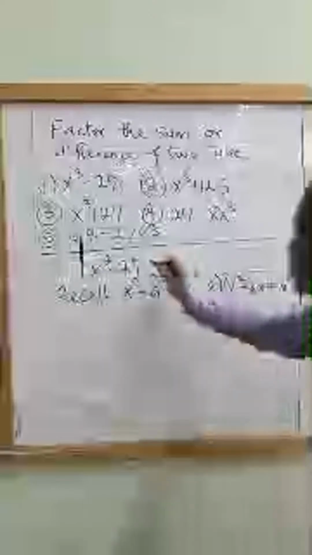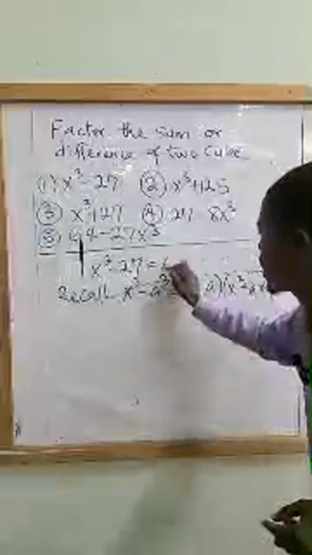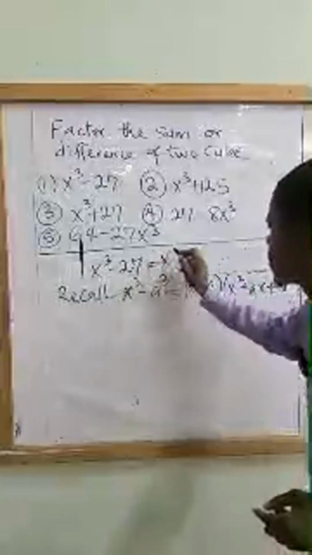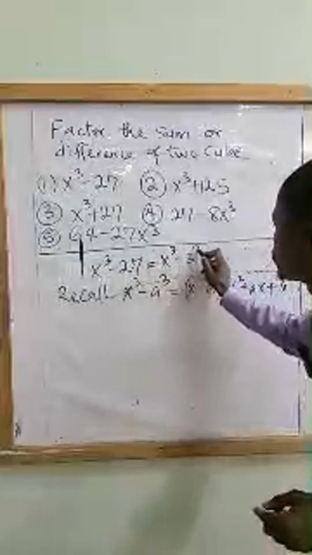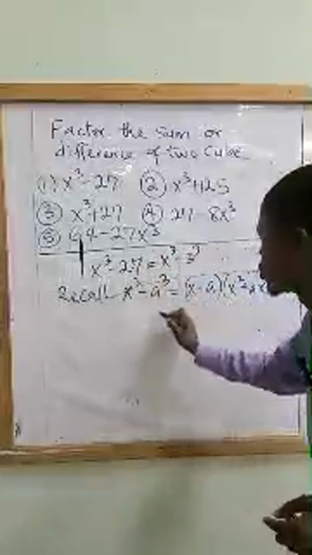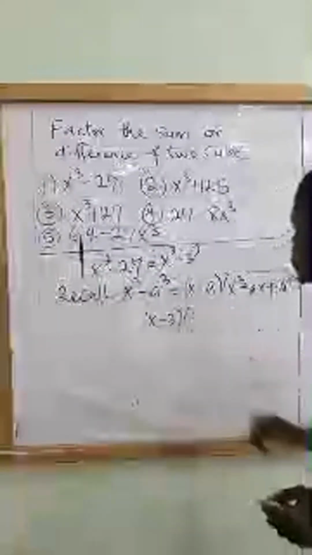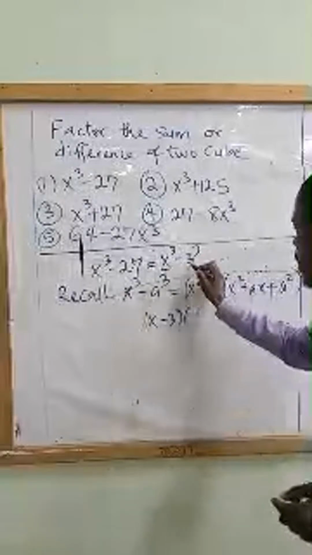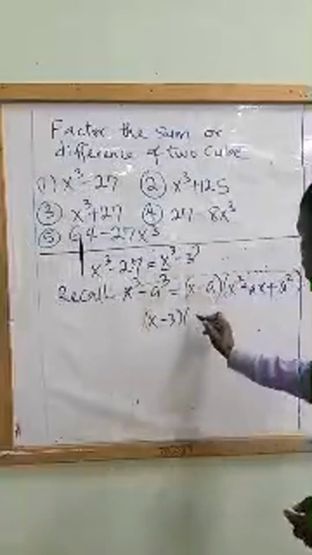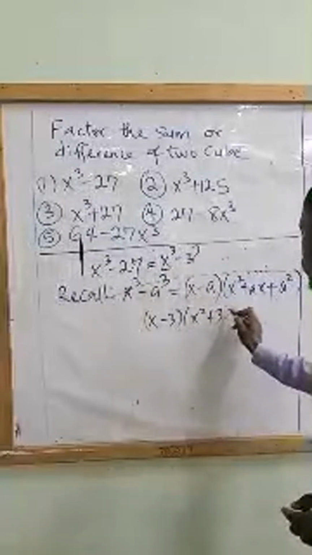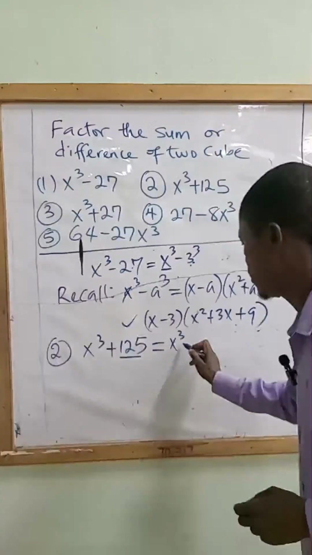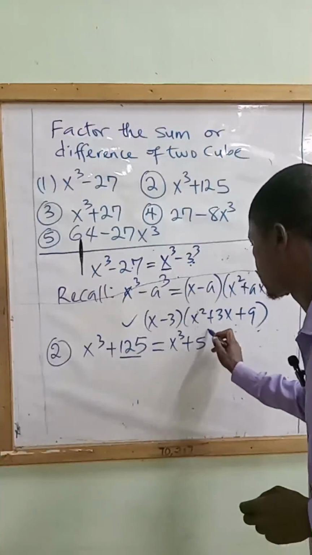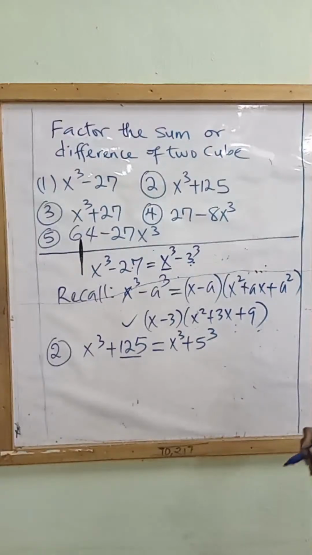So this one will be equal to what? x cubed minus 3 cubed, and that will be equal to x minus 3 times x squared plus 3x plus 3 squared.